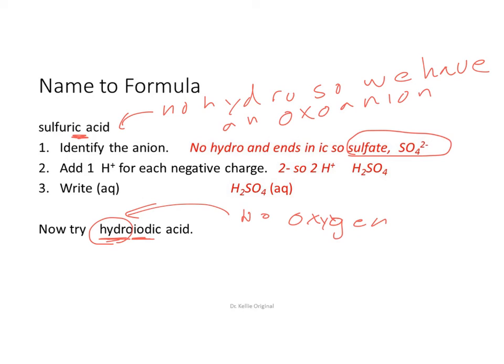We have iod and ic. And if you can't figure out the element, remember ic replaced ide, right? So iodide was our element. It has a -1 charge, so we're going to add 1 hydrogen to it. So it makes the world's friendliest acid, HI. Hi there. And remember our aq. Chemistry's easy, life is hard.